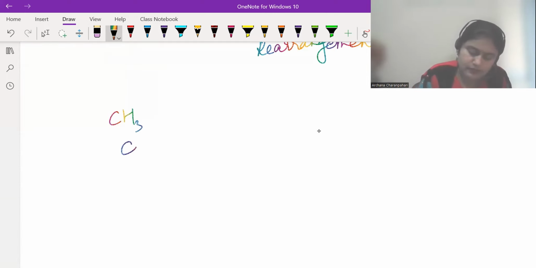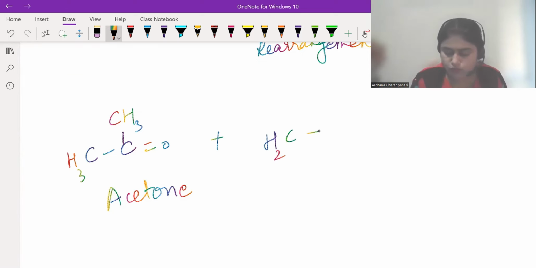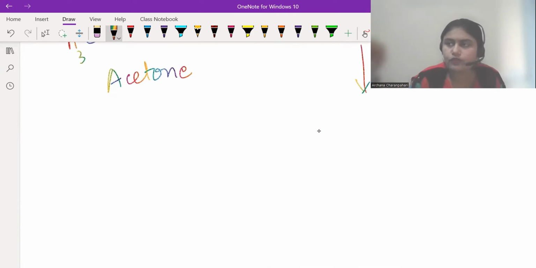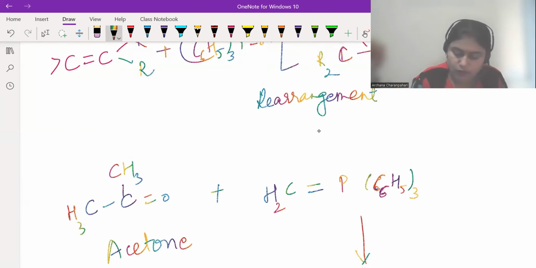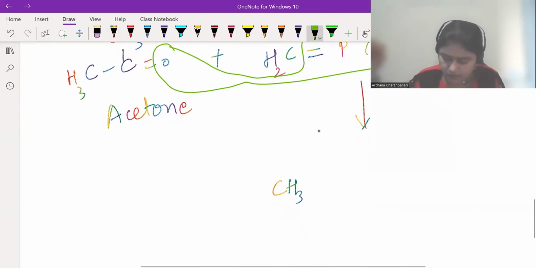Let us take a very simple example of acetone plus CH2 double bond P(C6H5)3, triphenyl phosphine alkylidene or phosphorane, and you end up with... Now I've told you how to write the end product. Simple, take this O and attach it to this P, and you can easily get the end product.